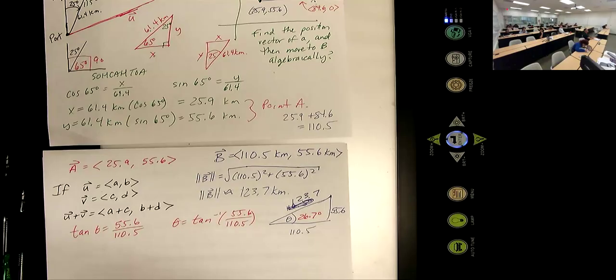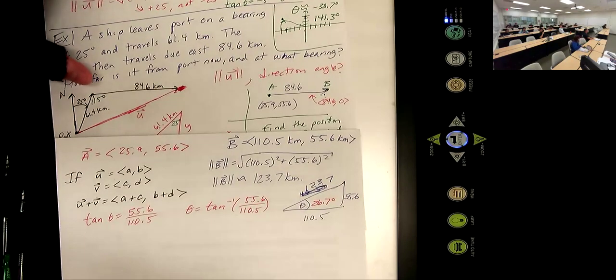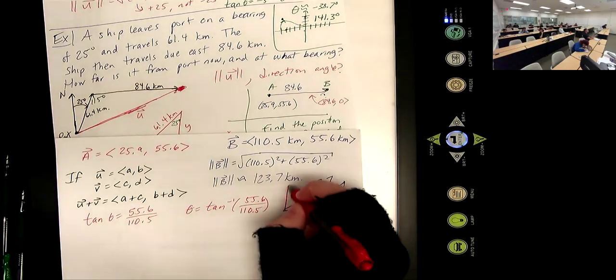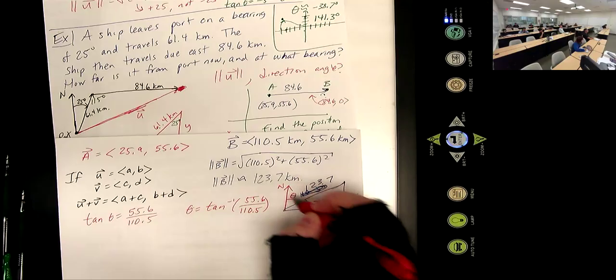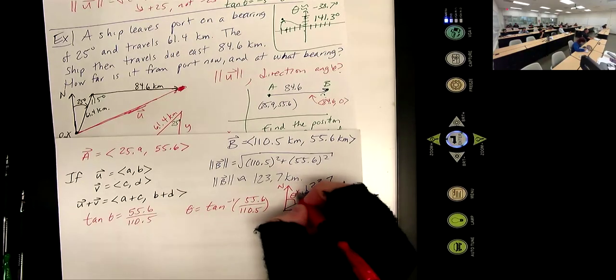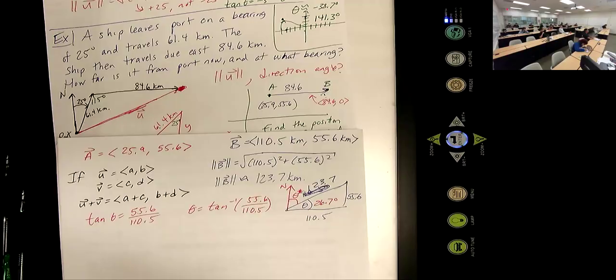That is not how they would say it though. If we go back to their original picture, they did bearing off of true north. So we want to do bearing off of true north also. North is this direction, so we want this angle. I'll put a star in it, that's the one we want.